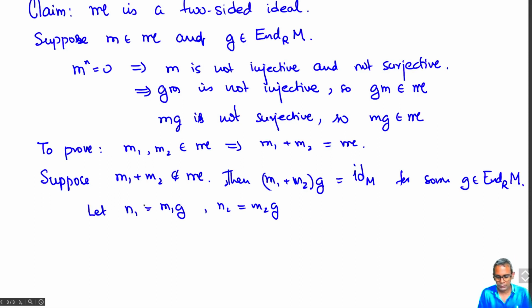Then because M is closed under left and right multiplication by arbitrary elements of End(R M), this n1 and n2 again belong to M. And moreover, n1 plus n2 is the identity element.